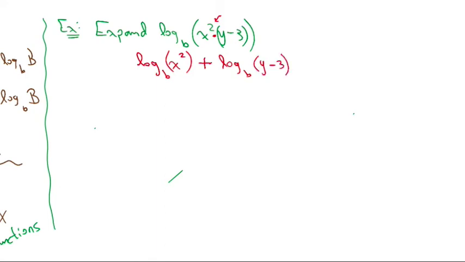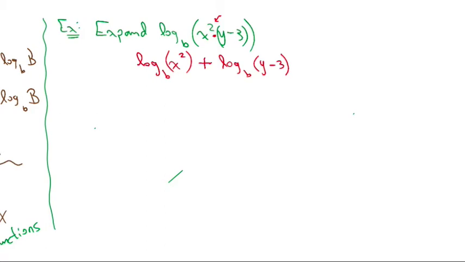Can I separate log of y minus 3? Can I write it as log of y minus log of 3? No, don't think distributive property because that's not going on. None of the rules over here have anything to do with, on the inside, addition or subtraction. On the outside, sure, but not on the inside, so there's nothing you can do to the second part.